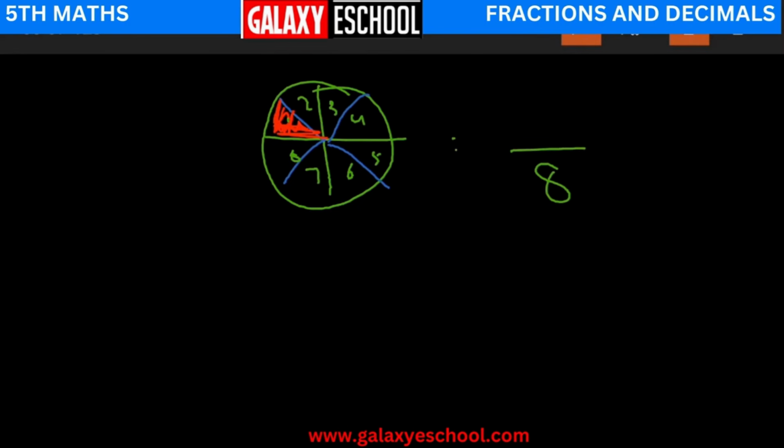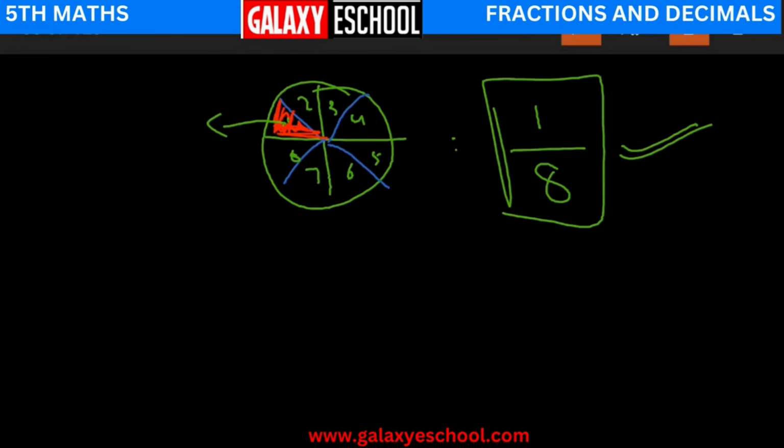Now from these parts, how many parts did Anil eat, children? Anil ate only one part. So Anil ate 1 by 8 portion of the apple. Understood? As Anil divided his piece into 2 halves, we divided the remaining pieces also into 2 halves.